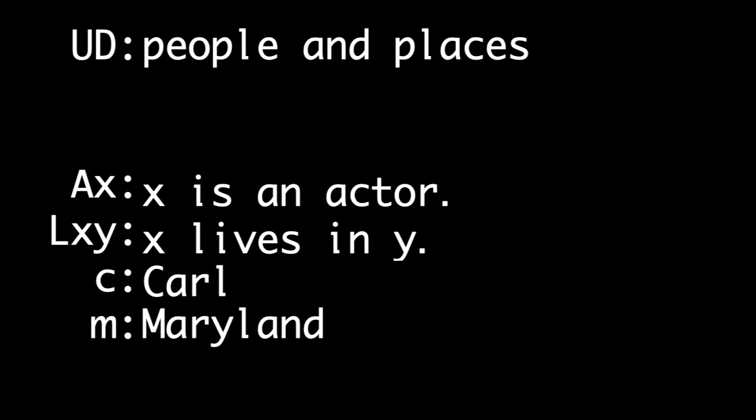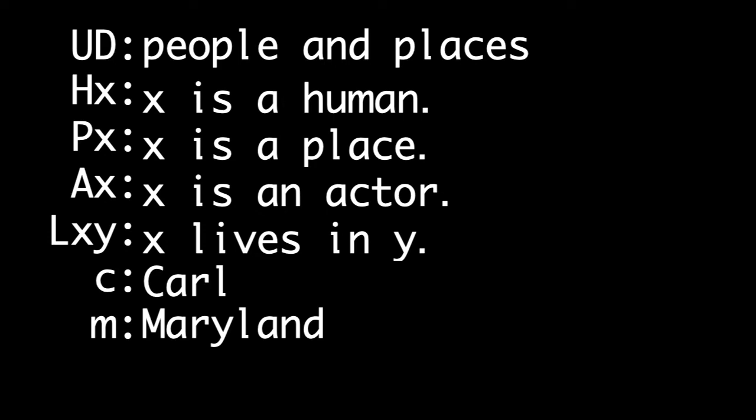So we'll make the universe of discourse be people and places. For reasons we'll see in a minute, we want to be able to distinguish the people from the places. So we'll also add two extra predicates. Let Hx mean x is a human, and let Px mean x is a place. We'll use this symbolization key for the rest of the video.